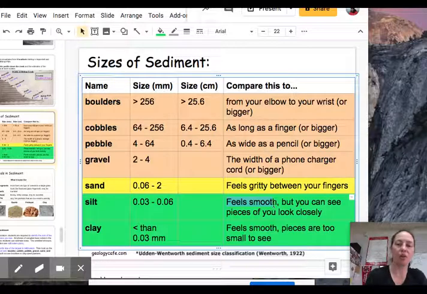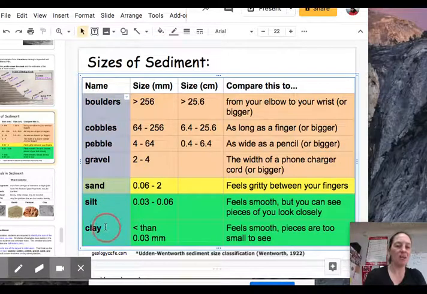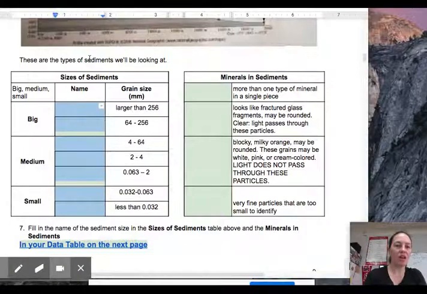They're big enough if you look closely. And then clay is where if you rub it, it feels smooth, and it's so small that it's hard to see the individual particles. So you're going to take all these names here, and you're going to fill them in on your lab right here. So take a moment to type in the names boulder, cobble, pebble, gravel, sand, silt, and clay right there.